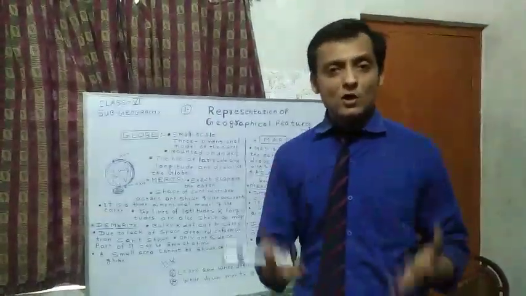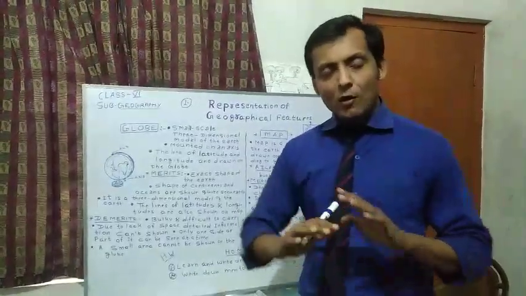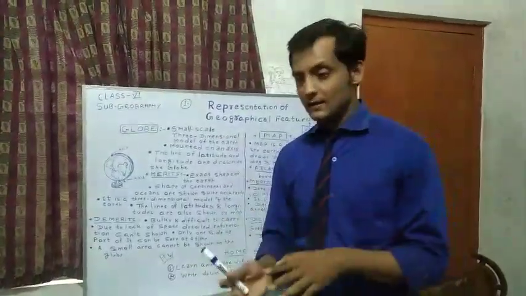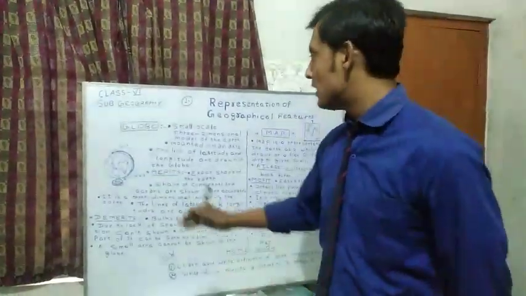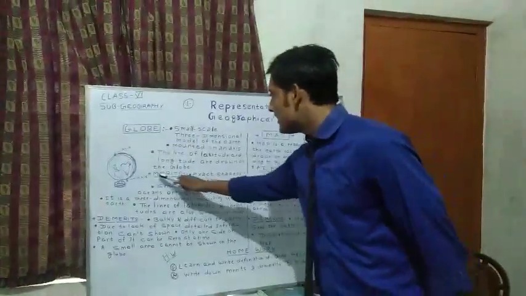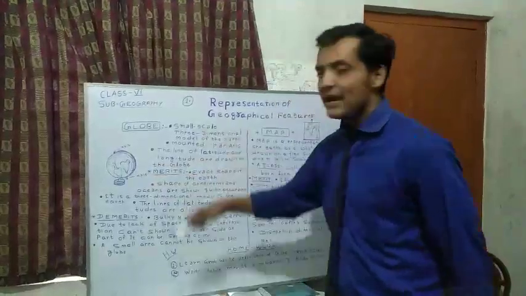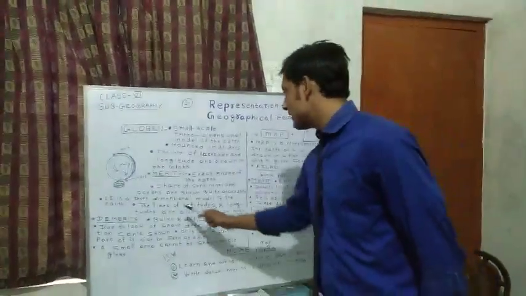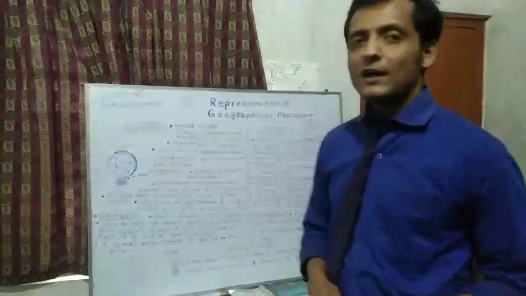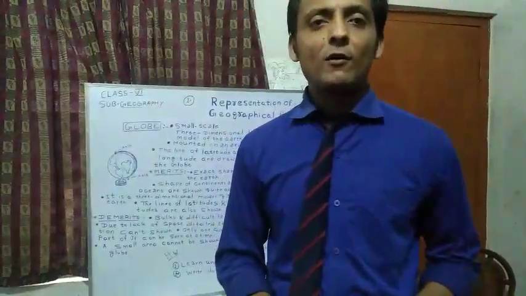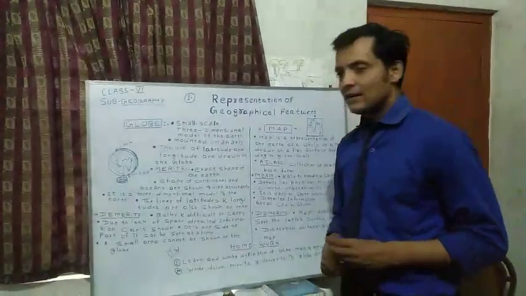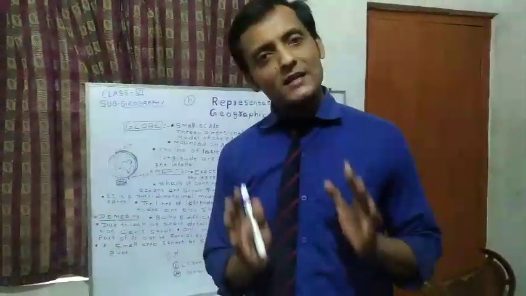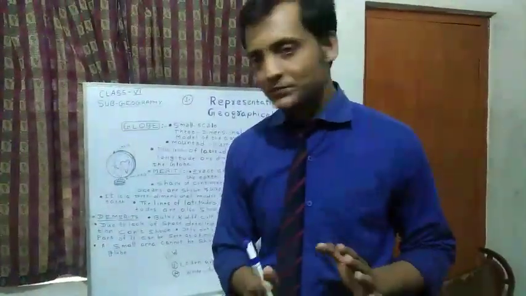If you want to show all the oceans and continents clearly at the same time, it is only through the globe that we can represent all of them at the same time. Next, lines of latitude and longitude are also seen clearly on the globe. Another thing, as I have already explained, is that it is a three-dimensional, small scale model.